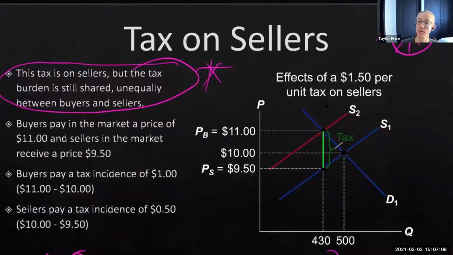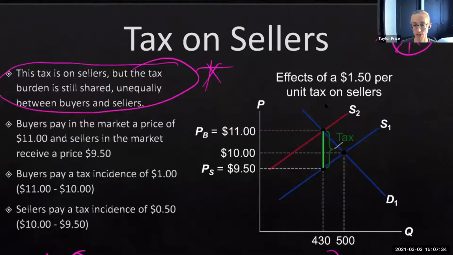The only thing that's changing here is that supply is decreasing rather than demand. But that doesn't matter because the original supply and demand curves are the same. And so because of that, the tax incidence of buyers and the tax incidence of sellers is going to be exactly the same.